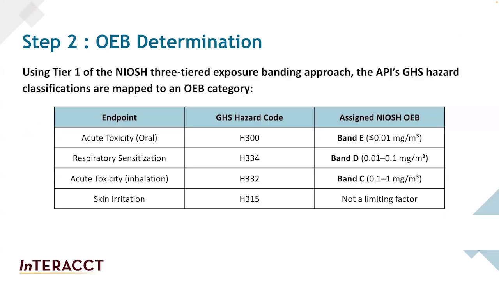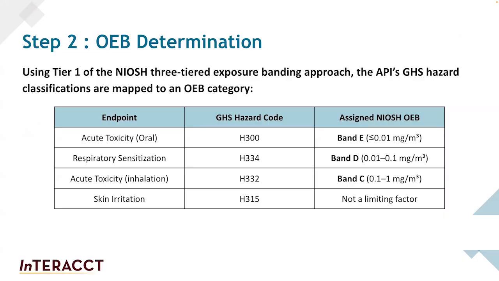Respiratory sensitization H334 falls into band D, or 0.01 to 0.1 milligrams per cubic meter. Acute inhalation toxicity H332 is placed in band C, which ranges from 0.1 to 1 milligram per cubic meter.